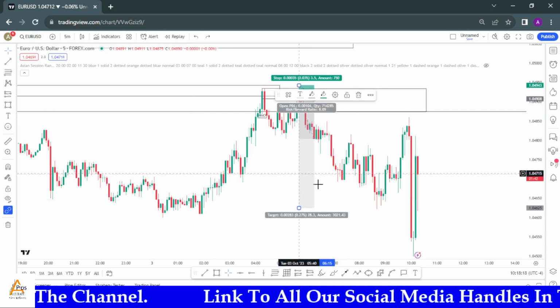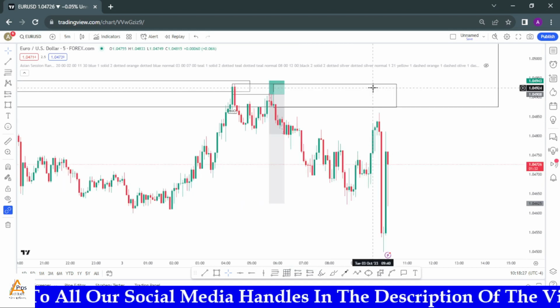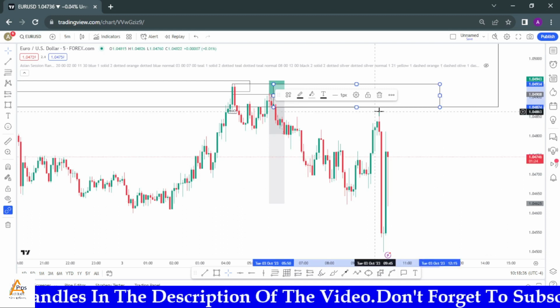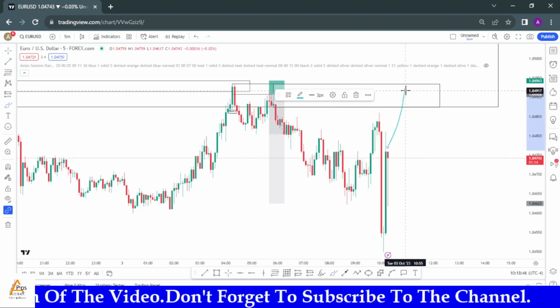So now let's see. Right now, price cleared this liquidity and tapped into this inducement. Remember, this 5 minute zone is still hot, untapped. So price can still come back, tap here and go down. This is kind of like inducement for this particular move. So price can still tap in here and give us some movement like this.